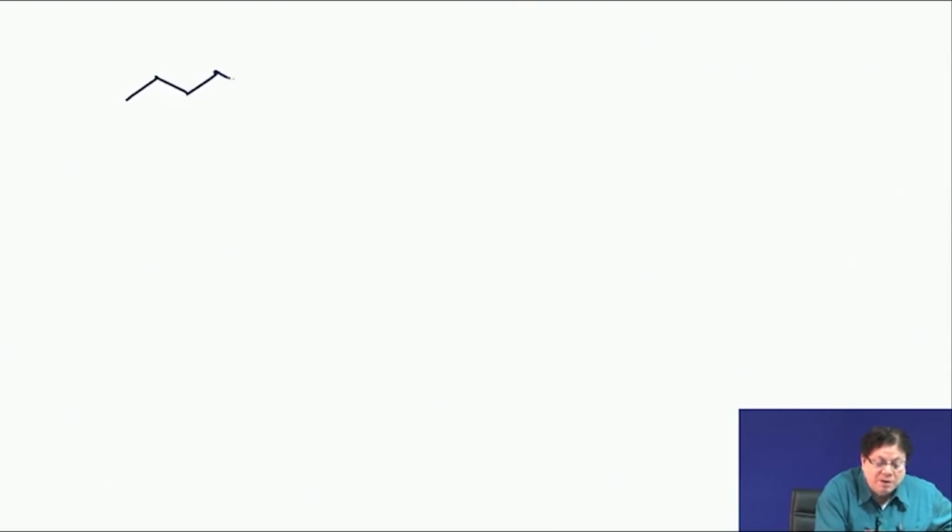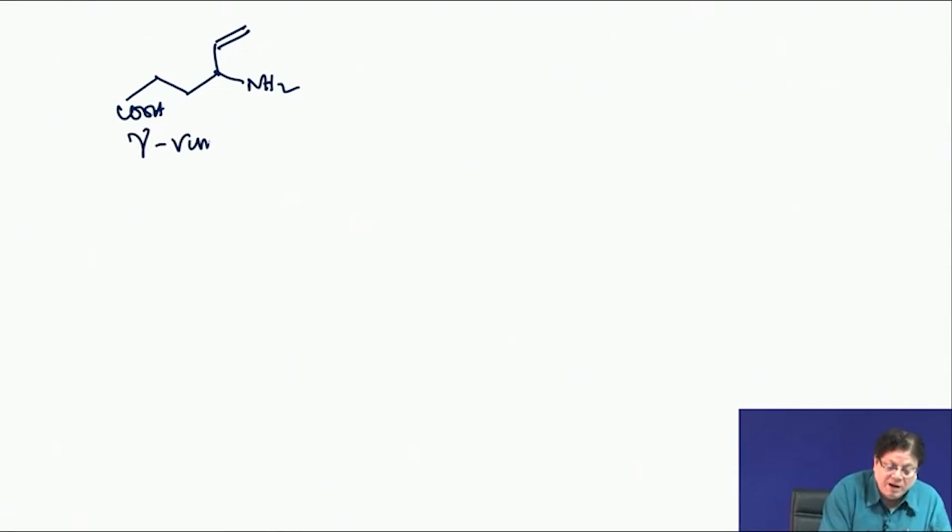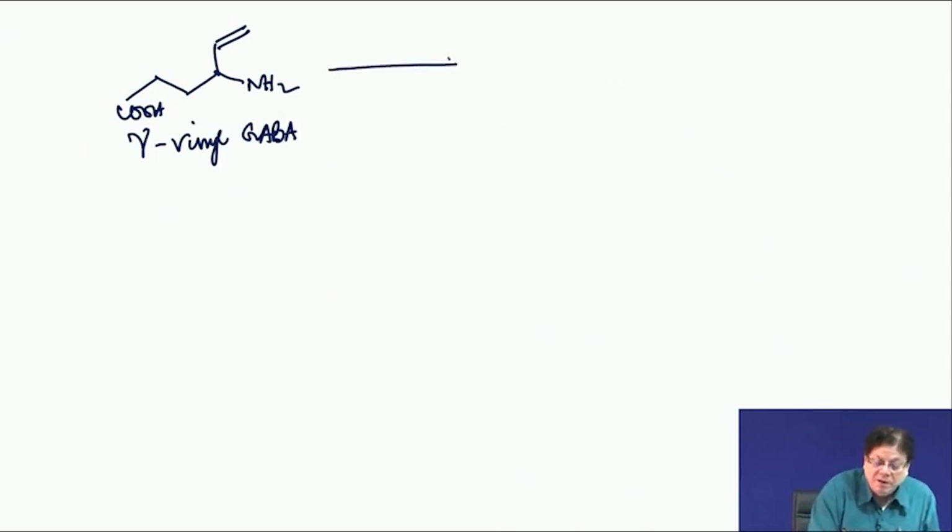So, this is your GABA, a very similar compound, but you put a double bond here, a vinyl. So, this is called gamma vinyl GABA.